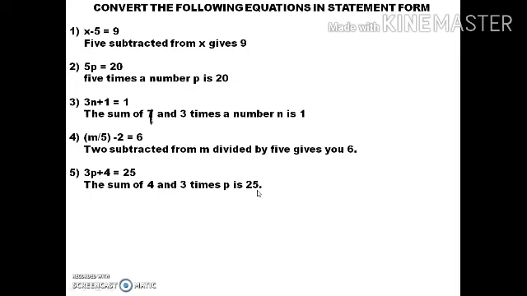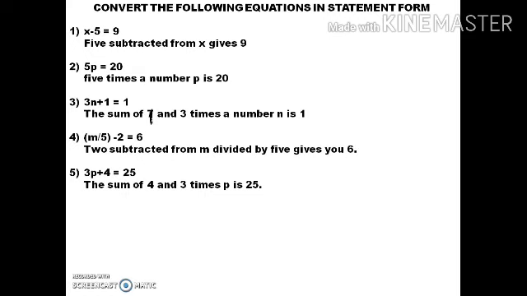You may get a doubt that here ma'am has written a number and here she didn't write a number. That is not a problem. You can write either 3 times p or 3 times a number n. Both are correct. You can avoid the word number. Whether you write a number n or just 3 times n, it is correct.